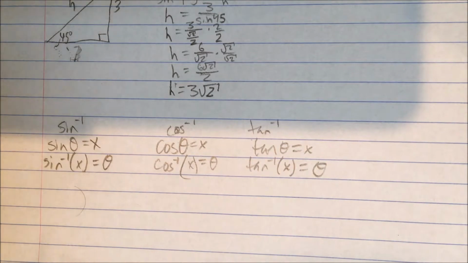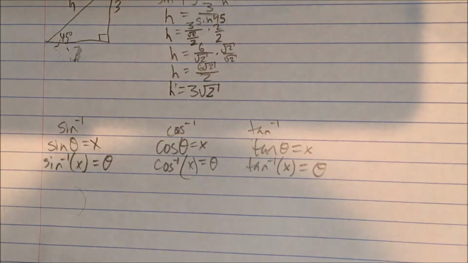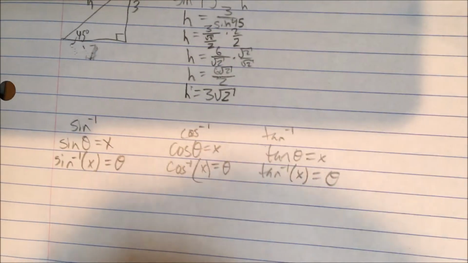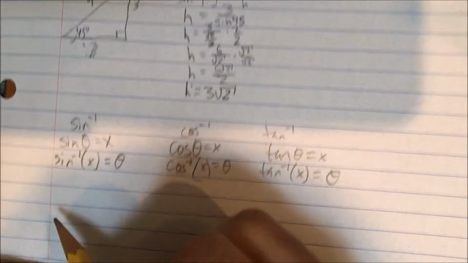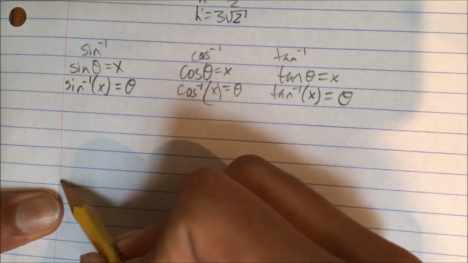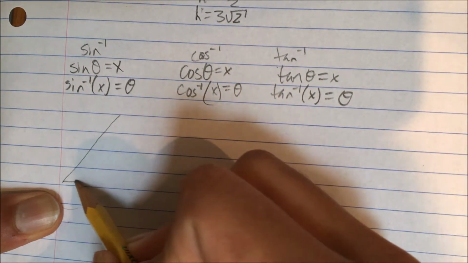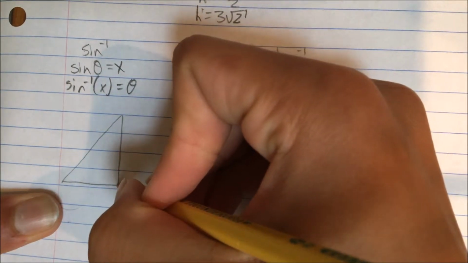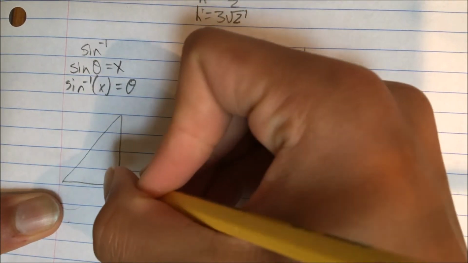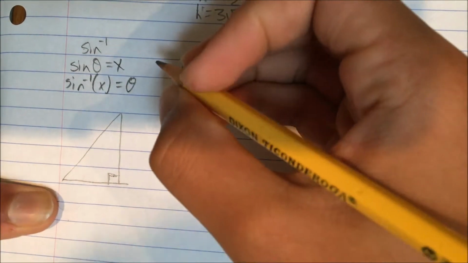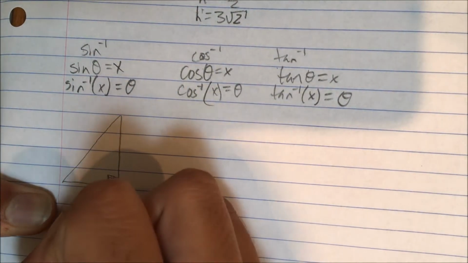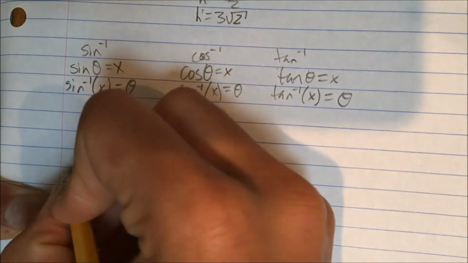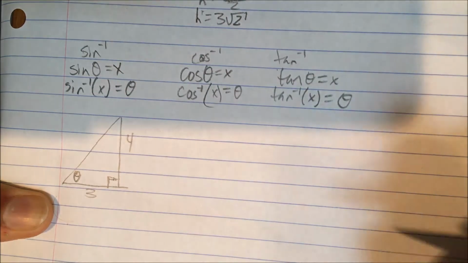And so we can use our calculator to evaluate these, and this can come up a lot in trigonometry problems, for example. We have a right triangle, this side length is 3, this side length is 4, and we have to find what the angle measure of theta is.